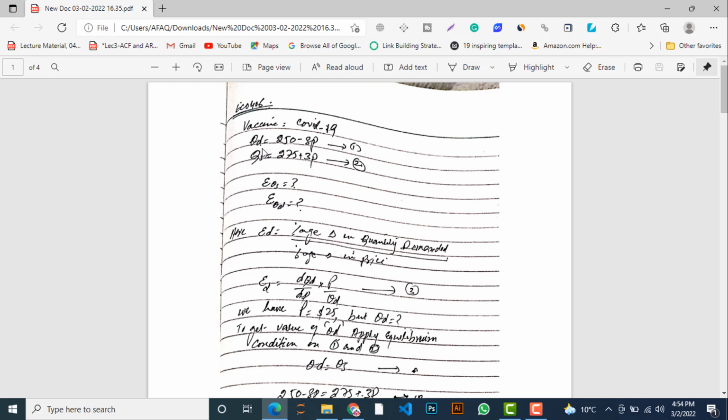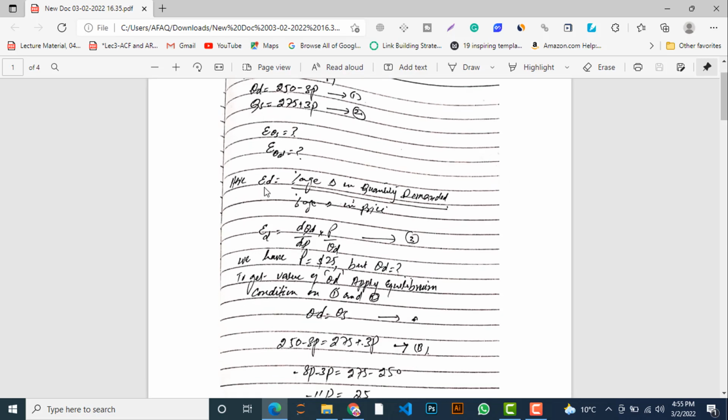The given equations of quantity demanded and quantity supplied are 250 minus 8P, which I label equation 1, and similarly the equation of quantity supply is labeled equation 2. We have to find elasticity of quantity supply and elasticity of quantity demanded as per the instruction given in case number 1.